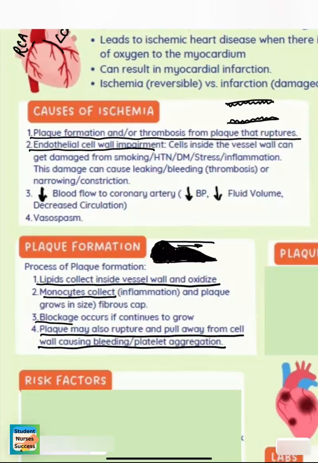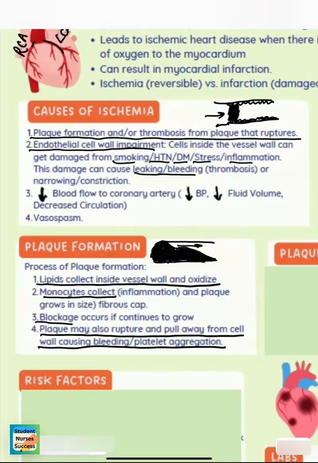What damages them is smoking, high blood pressure, diabetes or high glucose content in your bloodstream, stress, and even inflammation. As these cells get damaged, they can also leak and bleed. And when they leak and bleed, platelets aggregate there and actually can start to form a clot. And obviously, if you have a clot, you're going to have decreased blood flow through there.